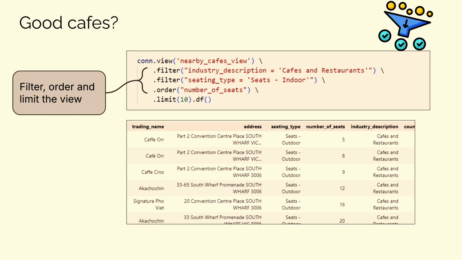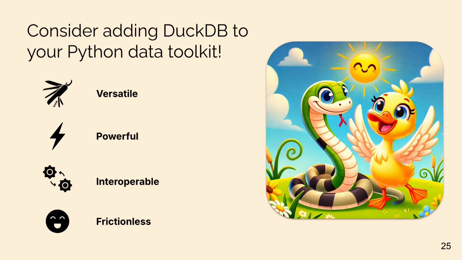So we've taken you through quite a lot here, but I just wanted to wrap it all up and give you a sense of what we've gone through, and also a quick call to action around why DuckDB is something that you should be considering within your Python analysis toolkit. So DuckDB and Python come together really nicely. We've seen DuckDB is versatile.